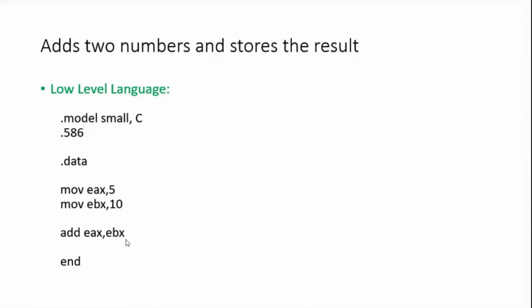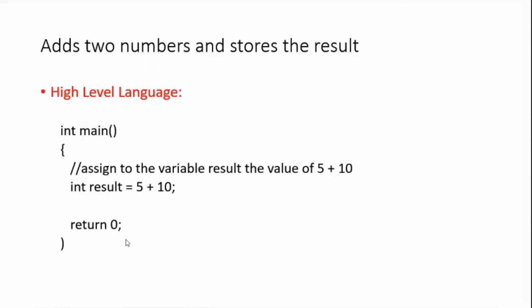Now this is a high-level language. See, it is more understandable. In the main function, the code in which 5 and 10 are added together is here. Int means integer value, result is a variable, and into the variable result, 5 plus 10 is stored.